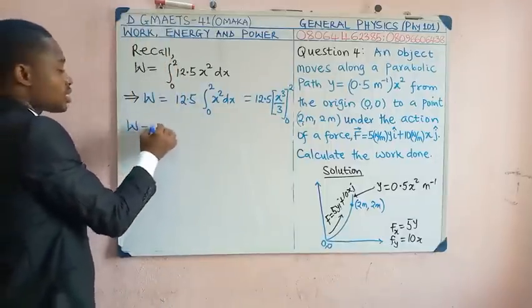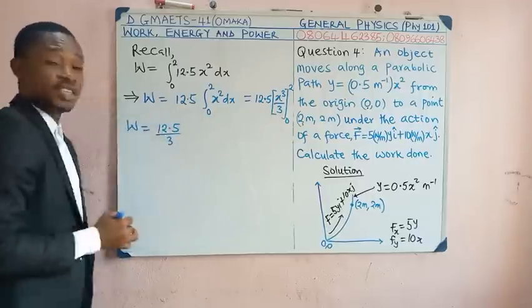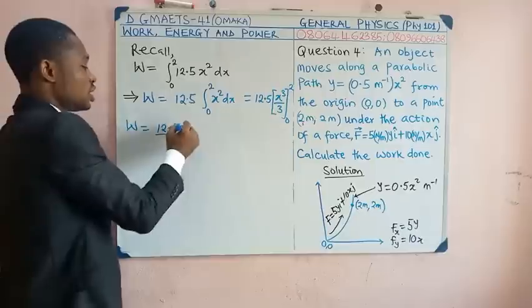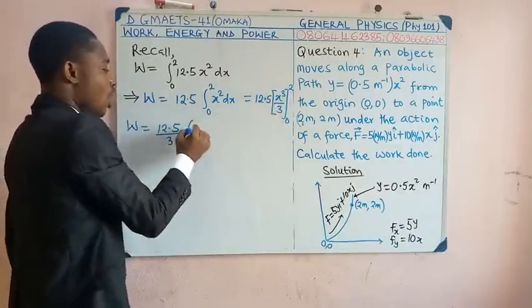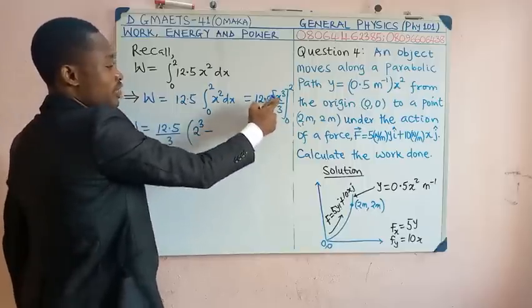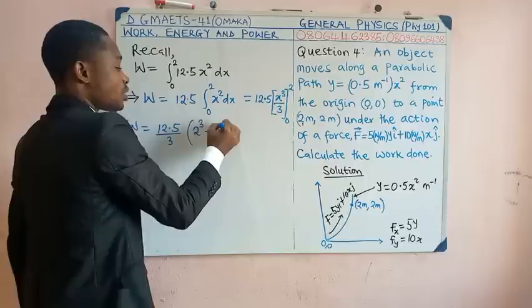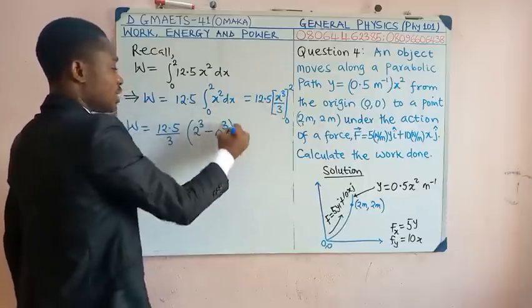W being our work is now 12.5. The constant 3 would have to come out as a divisor. Is that okay? Denominator. Then we're going to substitute the upper limit for x and lower limit for x. Upper limit goes first, so 2 raised to the power 3 minus lower limit for x, 0 raised to the power 3, because x is raised to the power 3 there.